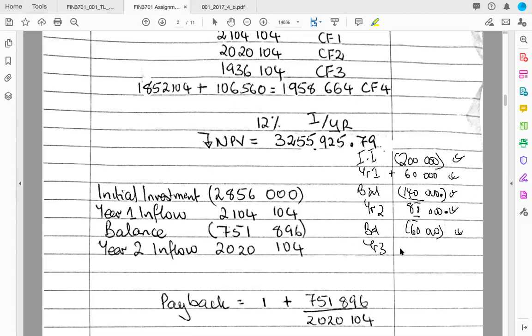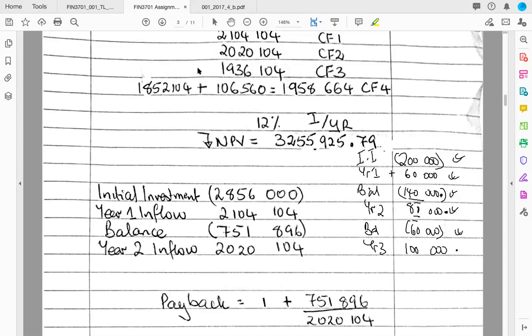And then let's assume that in year 3, we get 100,000 Rand coming in. Now, 100,000 Rand is more than 60,000. So the moment that the cash coming in is more than the money that's on the balance, it means we can stop.